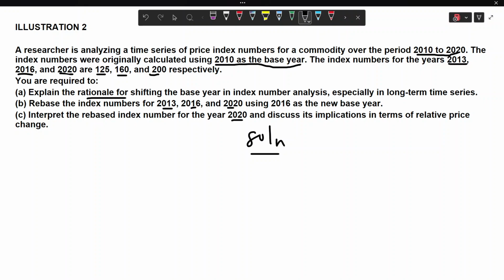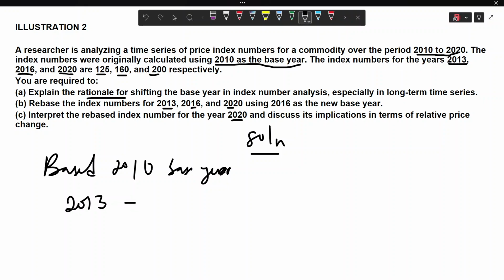Okay. Now let's come to the B part. We rebase the index numbers for 2013. So based on the 2010 base year, we were given the price indices. For 2013, the price index was 125, and for 2016, we have a price index of 160. Then 2020, 200.